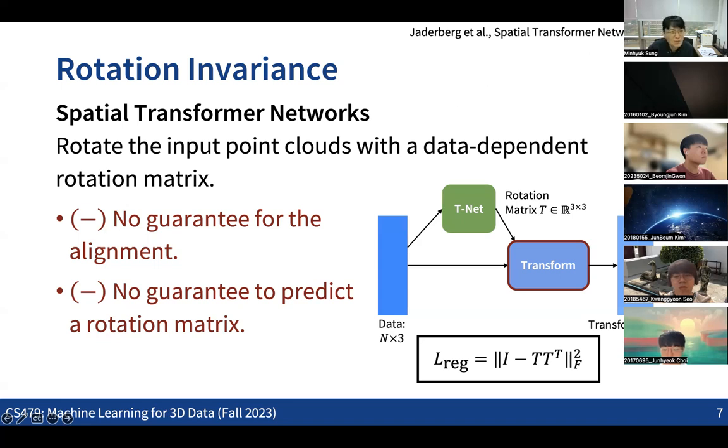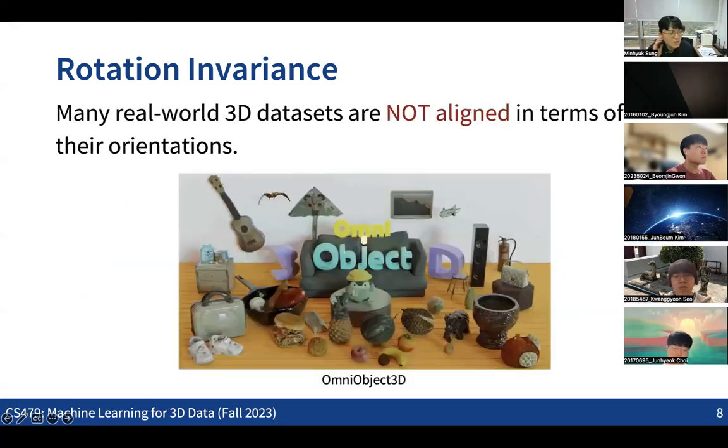And achieving rotation invariance is actually a really big issue in many real world problems. Because for many benchmark setups, we are playing with well-known datasets like ShapeNet or other 3D datasets, where all the 3D models are aligned into a certain orientation.